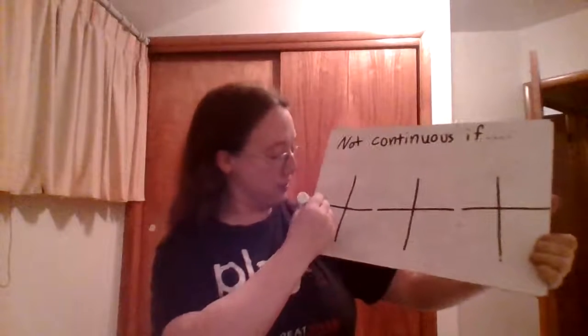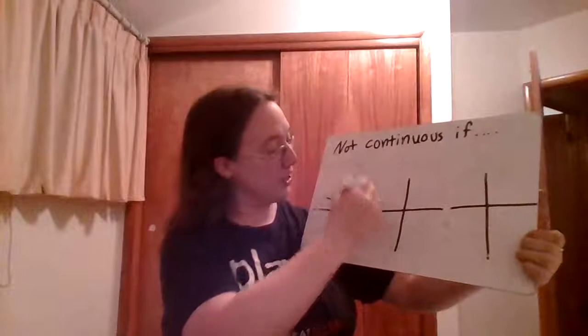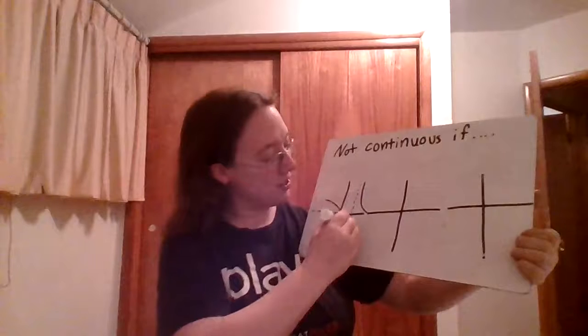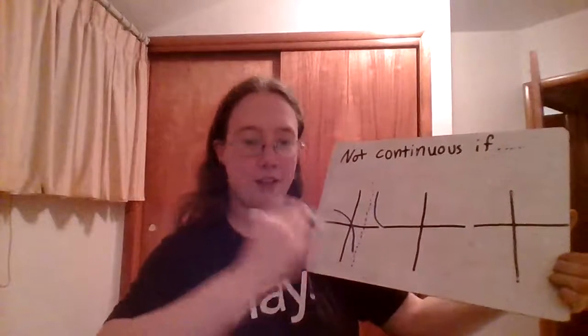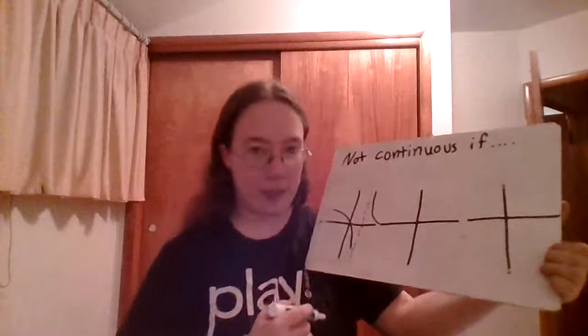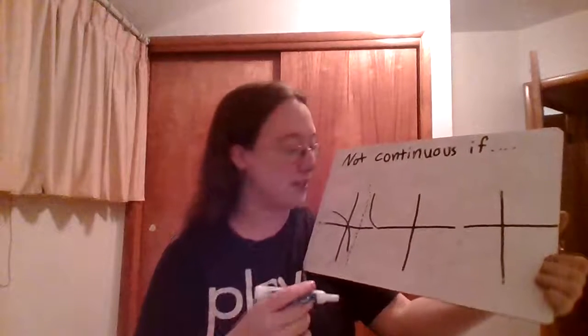So if we've got something like this, and then something like this, where we've got this point where it's not continuous, then it's not continuous there. It's continuous everywhere else, but not at that particular point.